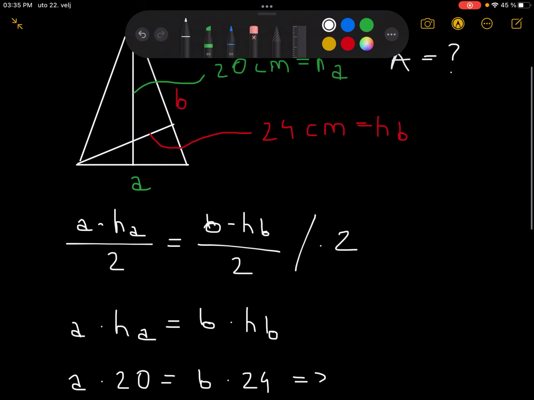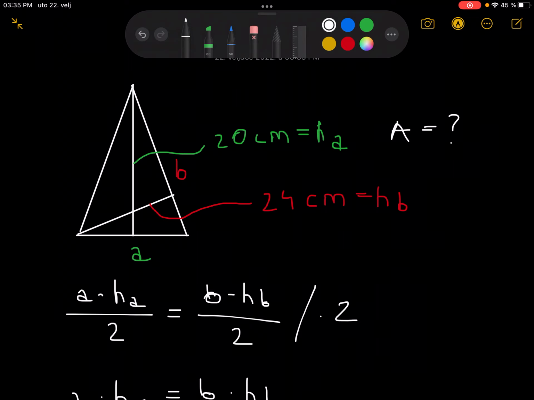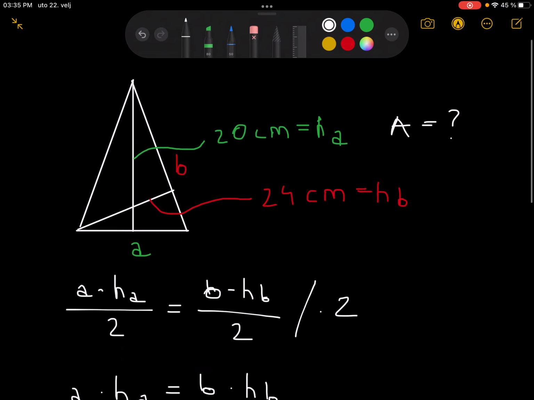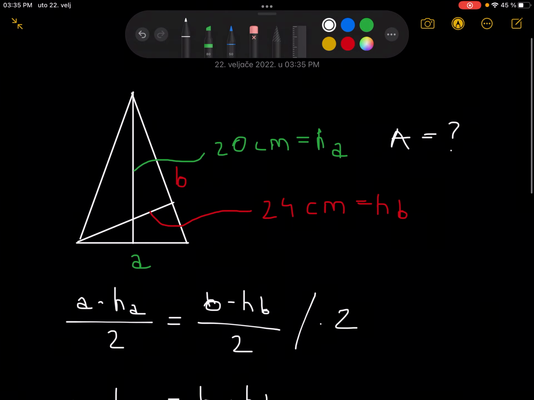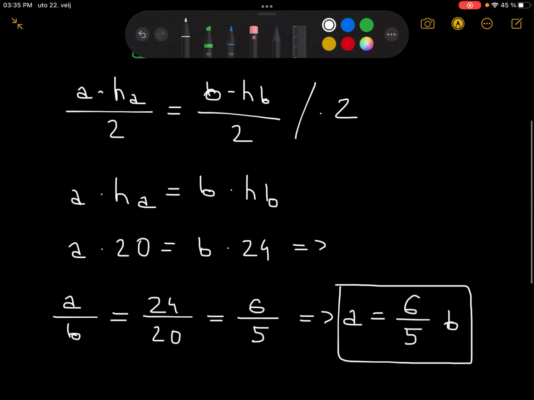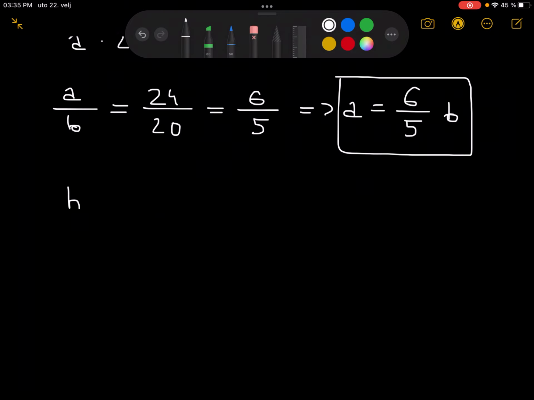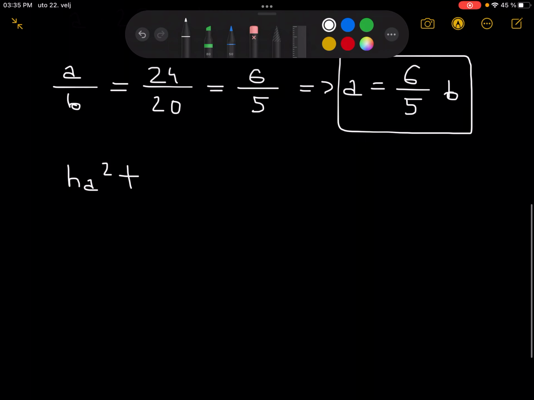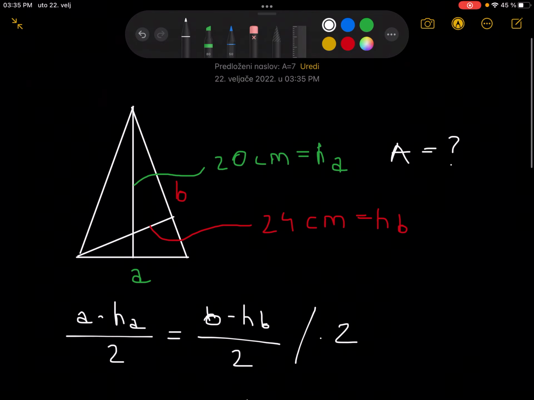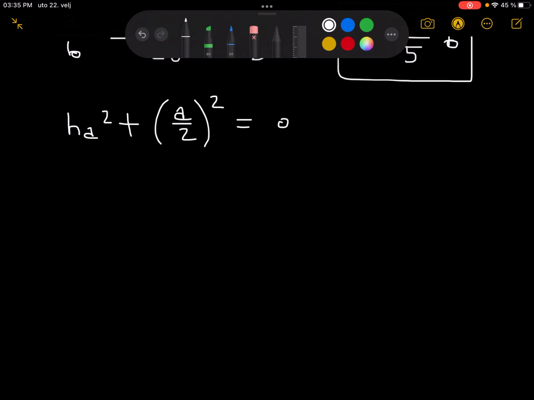And the second equation, we're going to get from the Pythagorean theorem, which states that HA squared plus A over 2 squared must be equal to B squared.